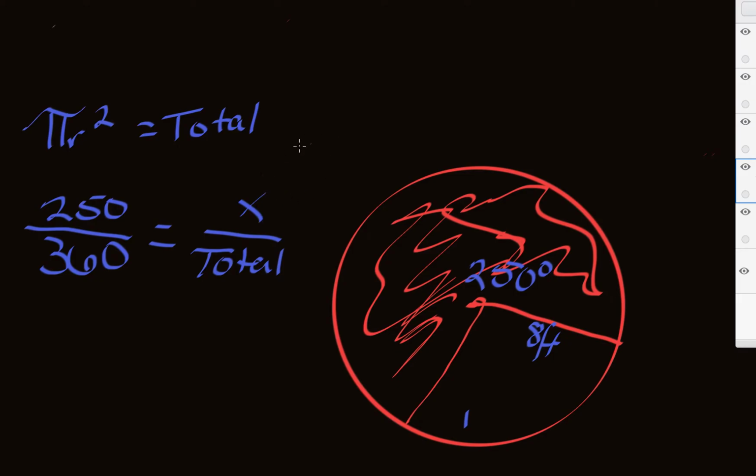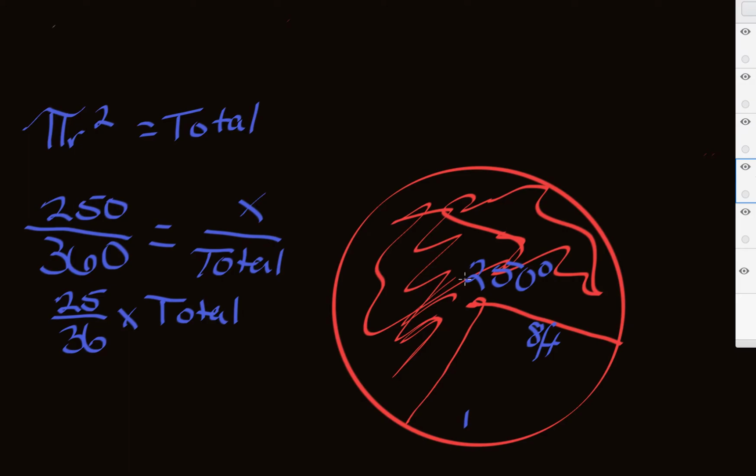So really, you don't have to solve this proportion. You could really just simplify this, and you can say 25 over 36 times the total will give me my approximate area. And that's really basically what we're doing. No big deal.